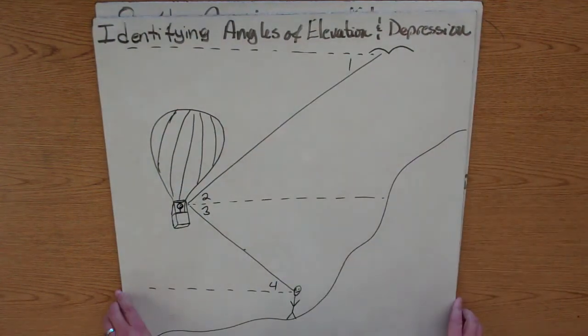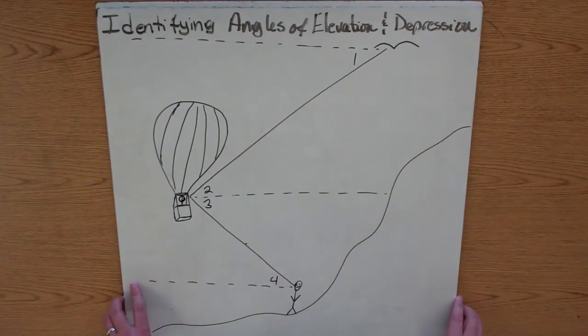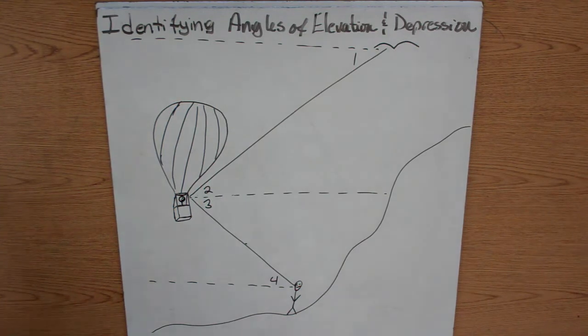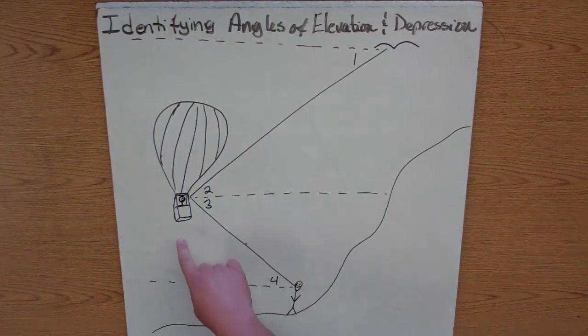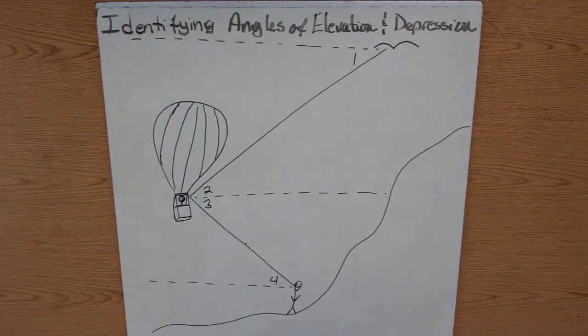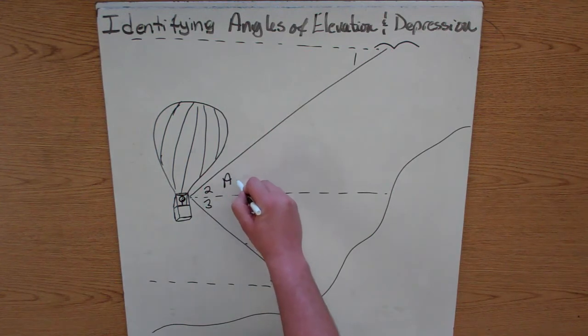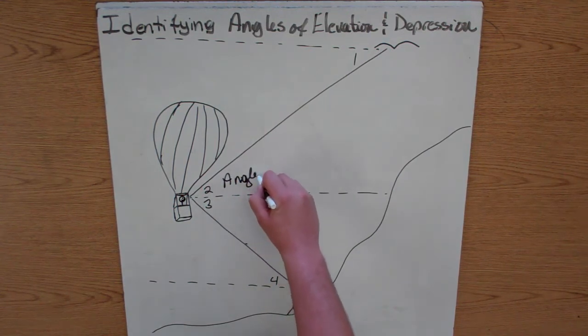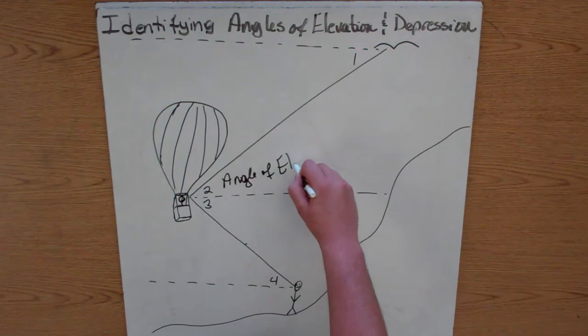Alright, so let's try to identify some angles of elevation and depression. So you're in this hot air balloon. As you can see, I'm not very good at drawing people. Say you're looking up at the bird. Obviously, I'm not good at drawing birds either. The key word there is up. Since you're looking up at the bird, that means this is an angle of elevation.